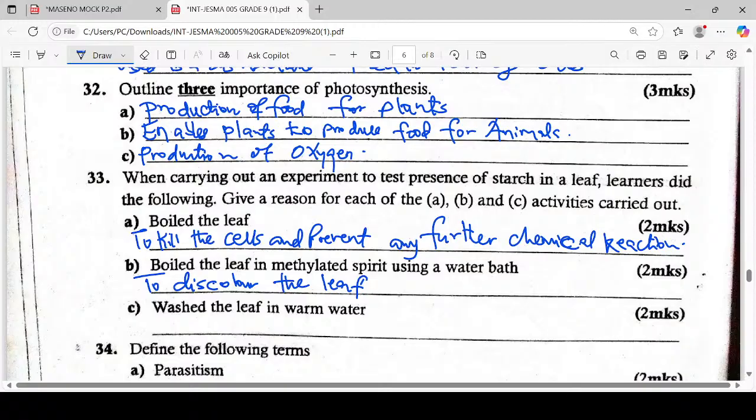If you are told why they were using a water bath, because the methylated spirit is highly flammable.